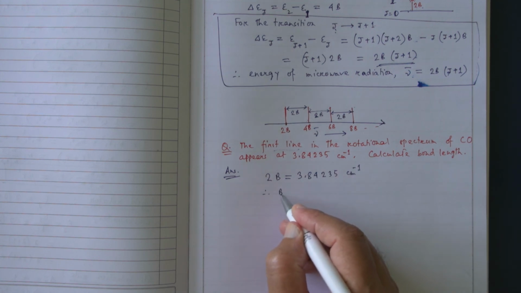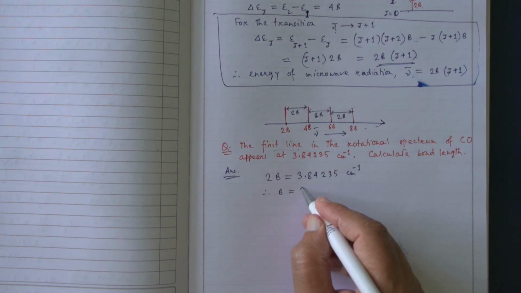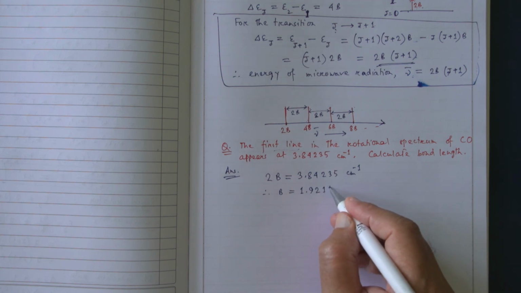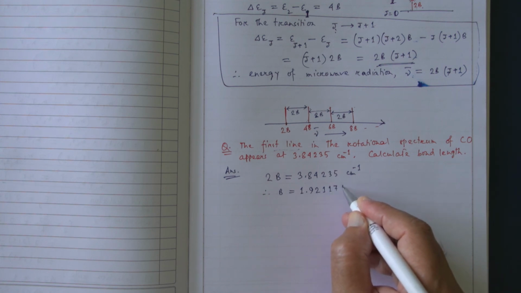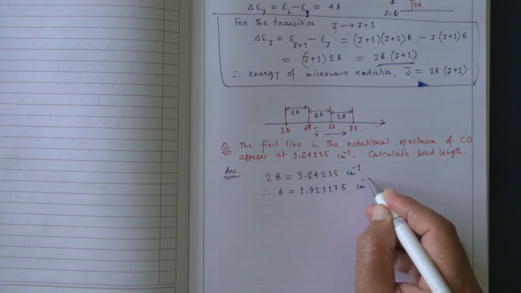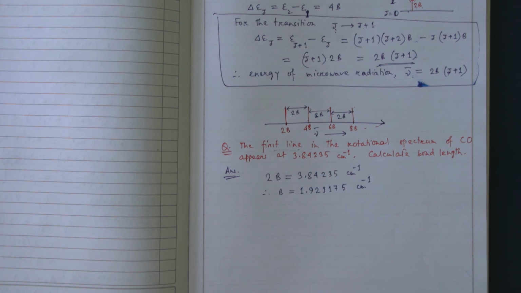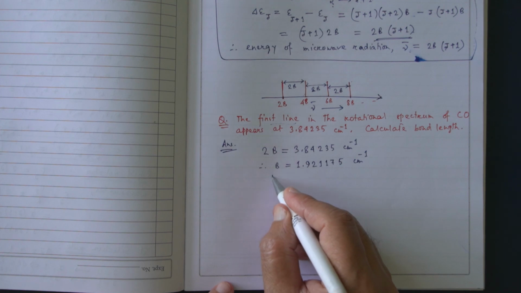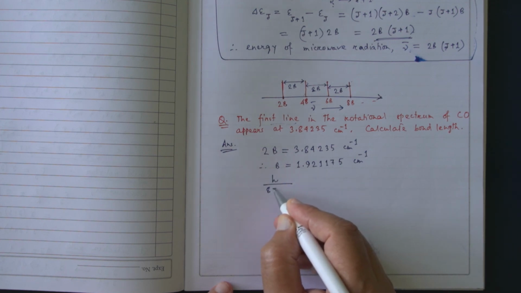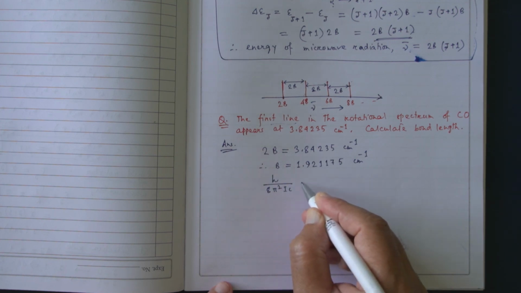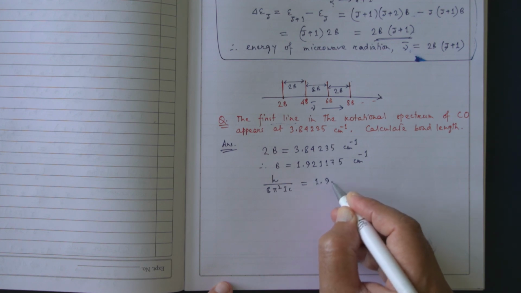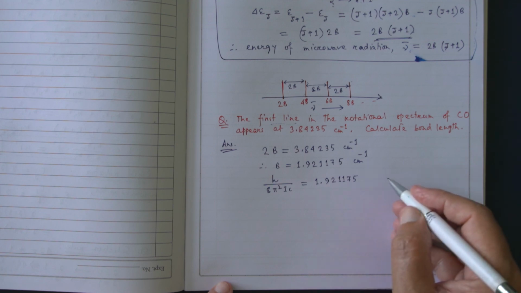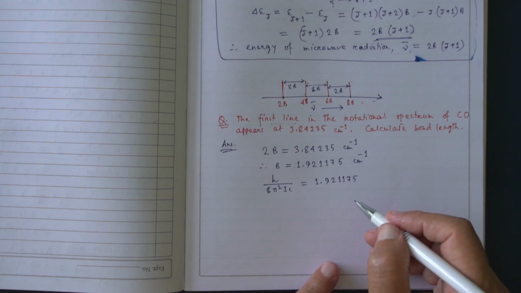Hence we get the value of B, which is 1.921175 centimeter inverse. Now what is B? B equal to h by 8 pi square I c. We can convert it into SI.